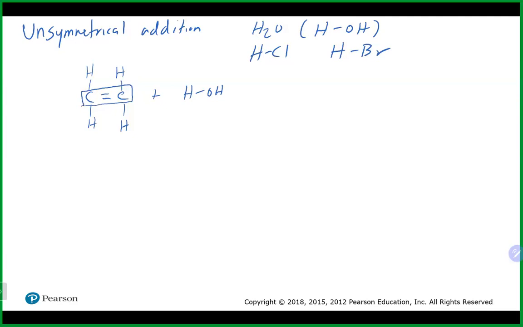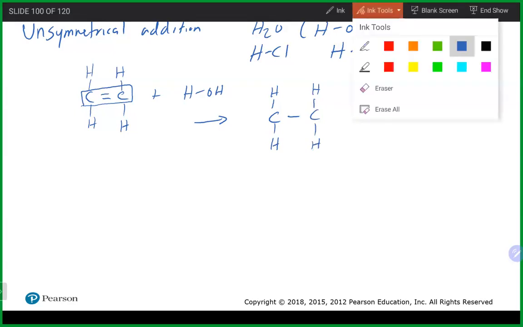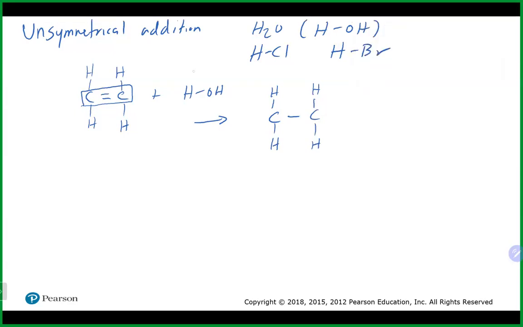So we need to make it into a single bond. So what we would do again is just draw it exactly the same, and we would then make everybody a single bond. Now each of those carbons has a spot for either the hydrogen or the OH to be added. And in this case, we could add the OH here, and we could add the H here.